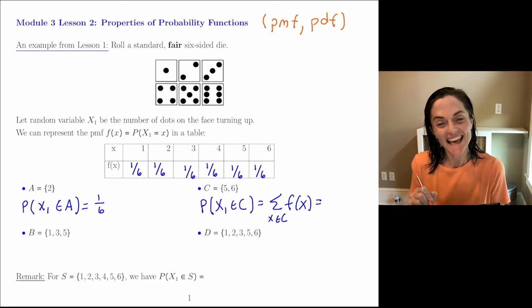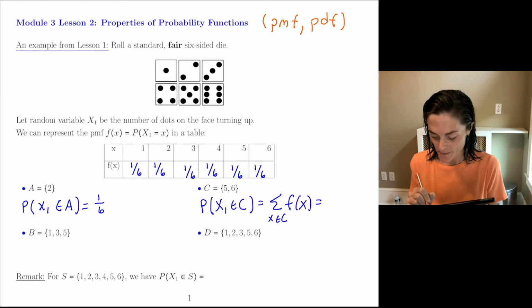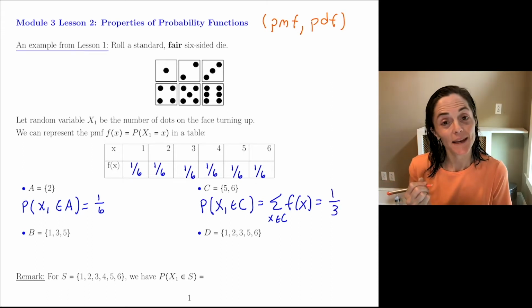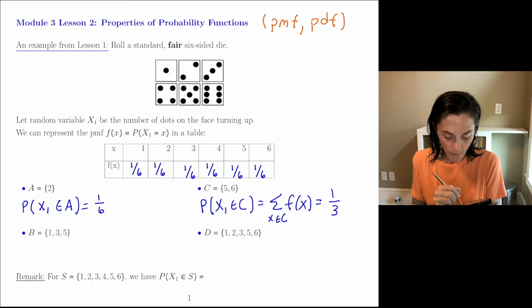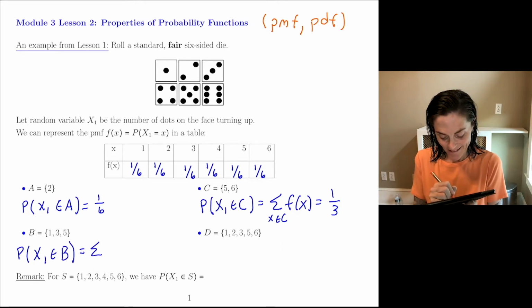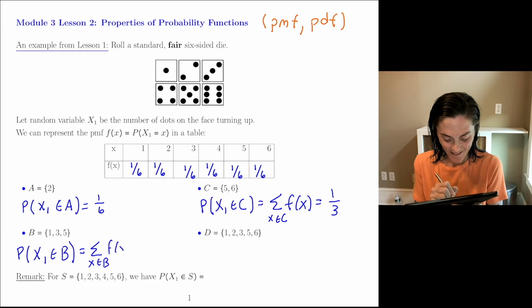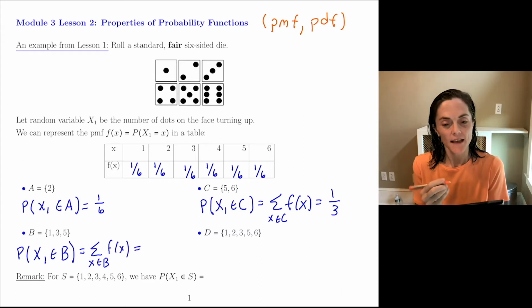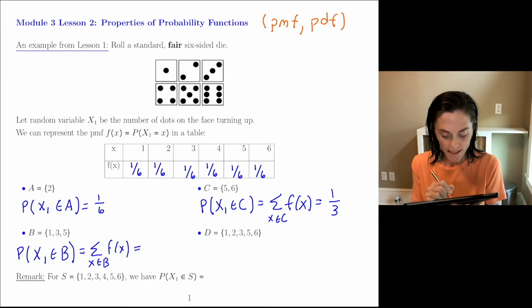And in this case, you notice this is 1/6 plus 1/6, which is 1/3, as we calculated before. And similarly, we could write the probability that the random variable lies in the set B, and we add over little x in B, f of x, and here it would be 1/6 plus 1/6 plus 1/6.